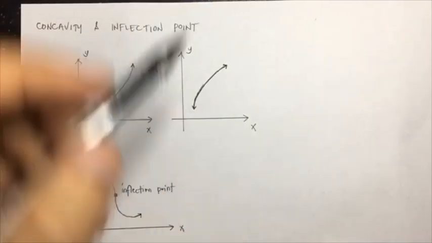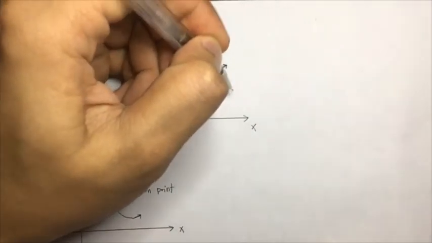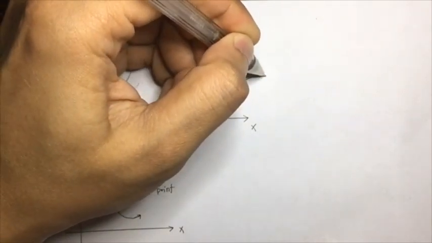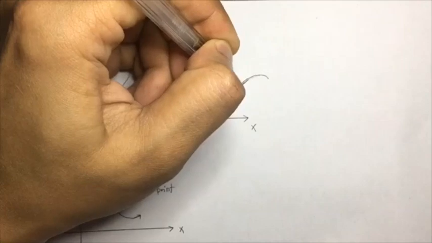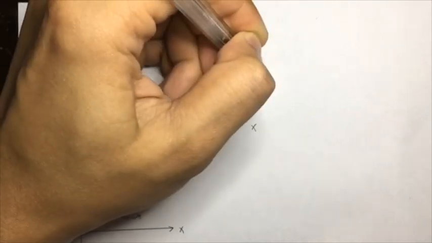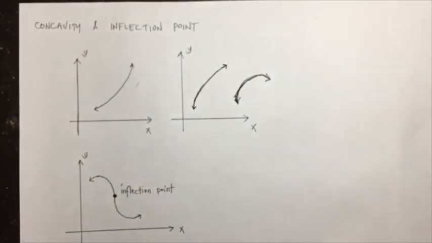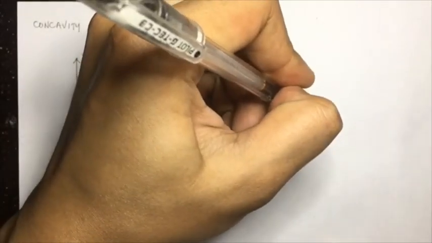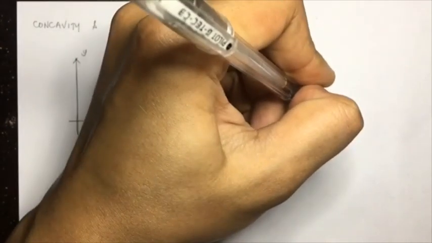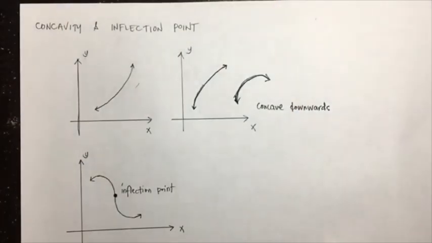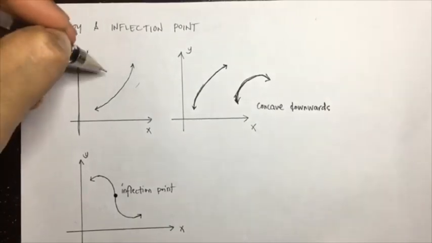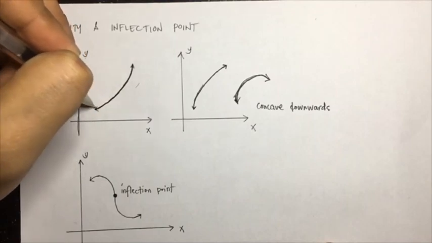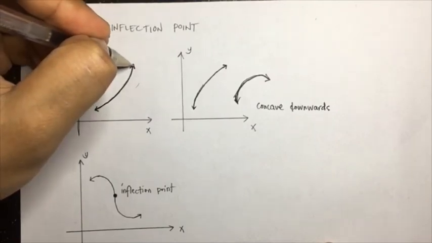If we try to enlarge this, maybe it will look like that. As you can see, it's facing downwards. The curve is facing downwards, so this is concave downwards.